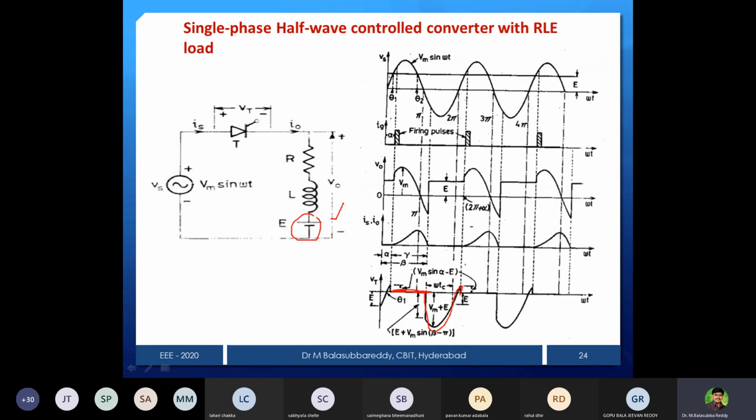That's why Vm plus E is the total voltage applied in the reverse direction across the thyristor. So as usual, the logic is the same: whenever the device is conducting, the voltage across the device is 0, and when the device is off, the voltage across the device is the same as the source, but here the additional voltage is also there.